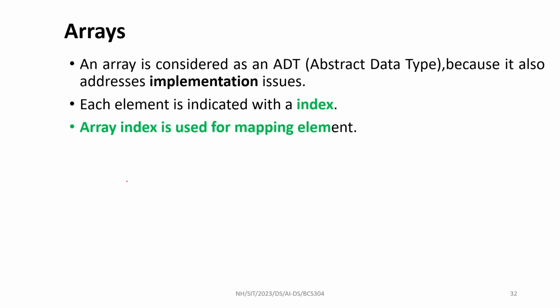For example, if A is an array having 5 data elements of type integer, that can be represented like this, having 5 different memory locations.